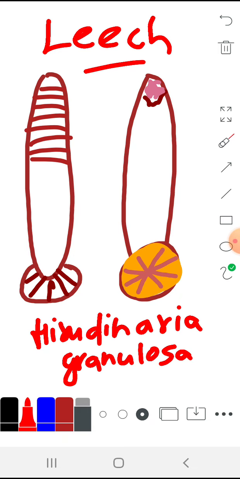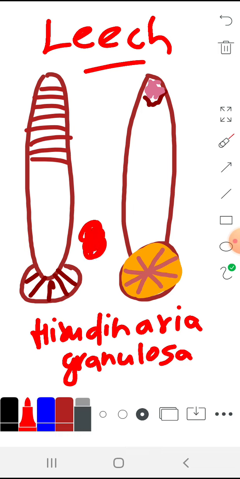So it is an invertebrate. And where is it found? It is largely found in India, Bangladesh, Sri Lanka, Myanmar, etc. And it lives in fresh water like ponds, lakes, etc. What exactly do we call these as blood sucking?